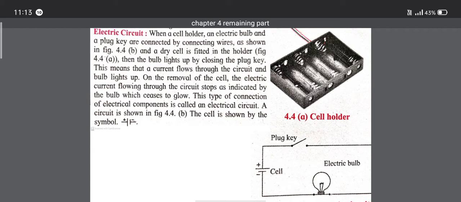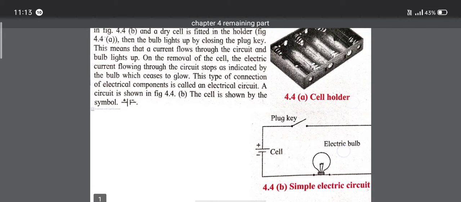So see the electric circuit. So what is an electric circuit? It is shown in figure 4.4b, the figure present below, the second picture.